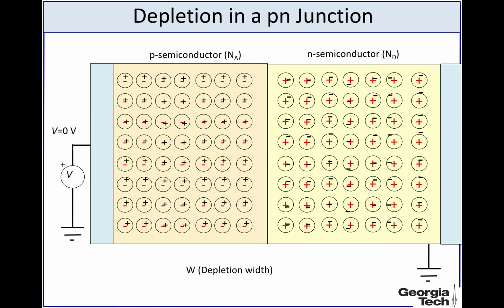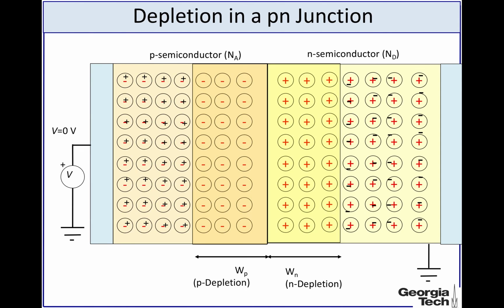Again, consider the depletion in a p-n junction at equilibrium, meaning that the voltage V equals 0. We have seen that the holes from the p side will recombine with the electrons in the n side. Now the question is, how long will this recombination go on, meaning what determines the width of the depletion region?